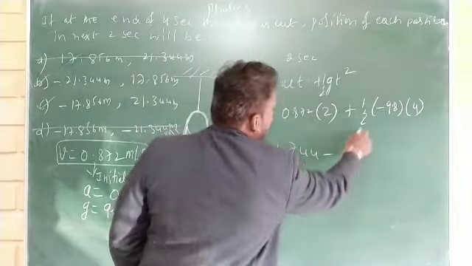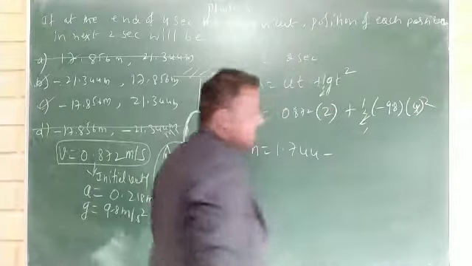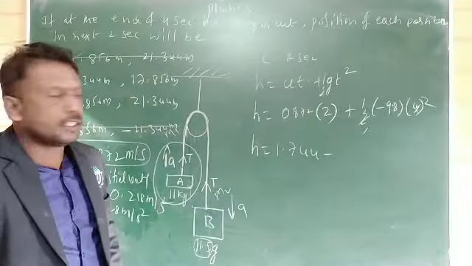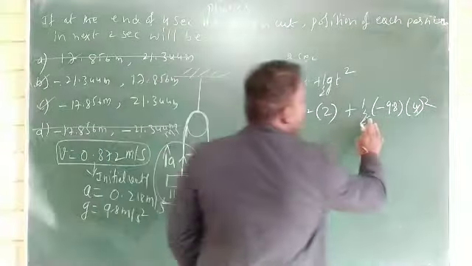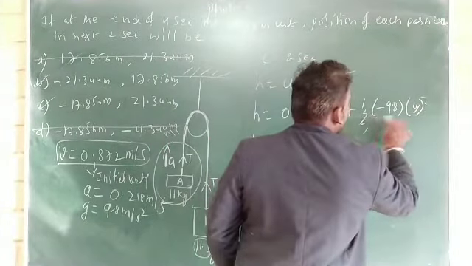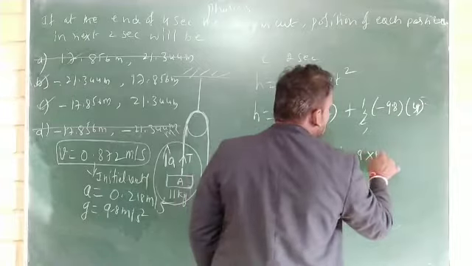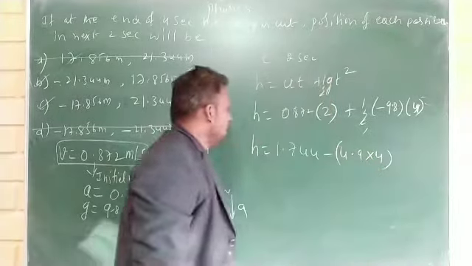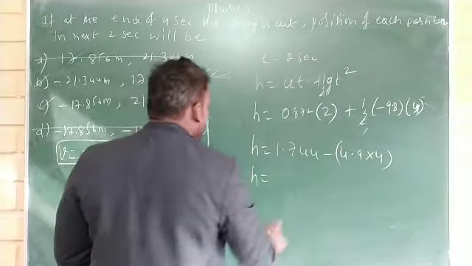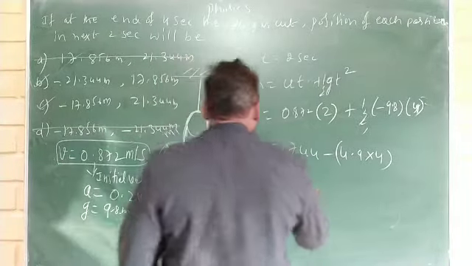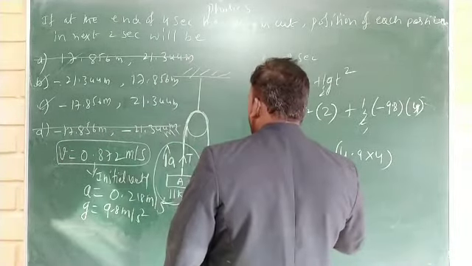Minus half of 9.8 is 4.9, into 4. Simplify this equation and we will get minus 17.856 meter.